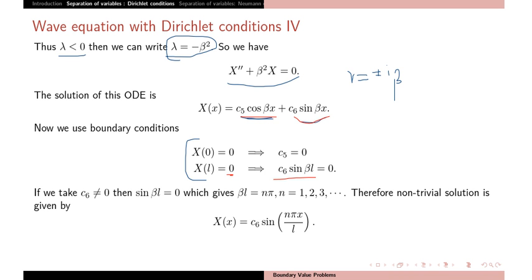If c6 is non-zero, then sin beta L can be 0. When sin is 0, beta L can be n pi, where n is 1, 2, 3, etc. So the non-trivial, non-zero solution is given by c6 sin beta x, where beta is n pi by L.